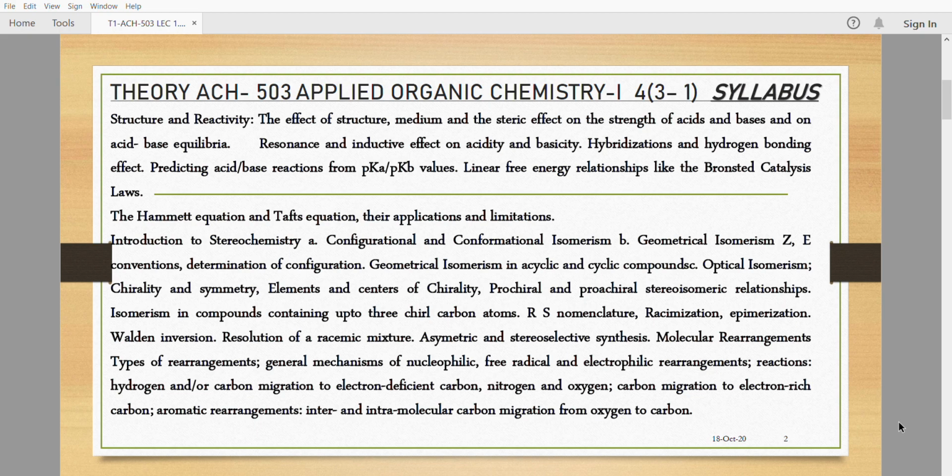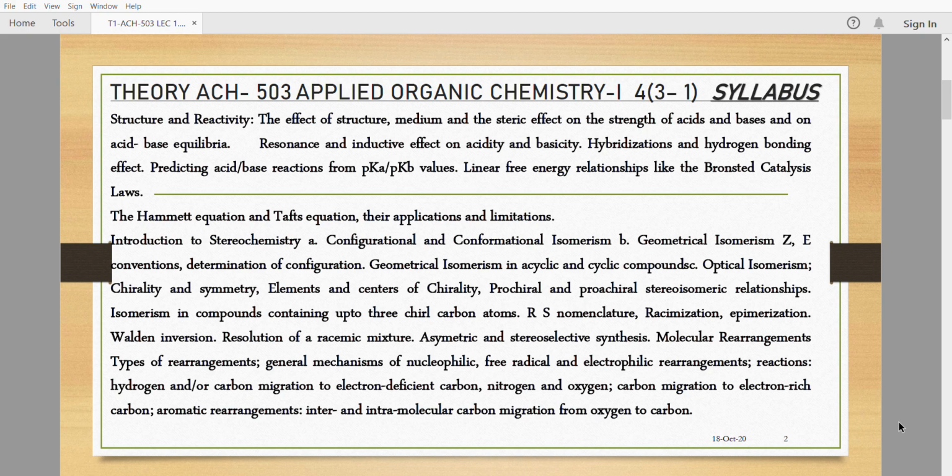And then, when we study these factors of resonance, inductive, hybridization, hydrogen bonding, these are just a few topics, but during the study of these topics, resonance like delocalization, aromaticity will also be undertaken to clarify the concepts.